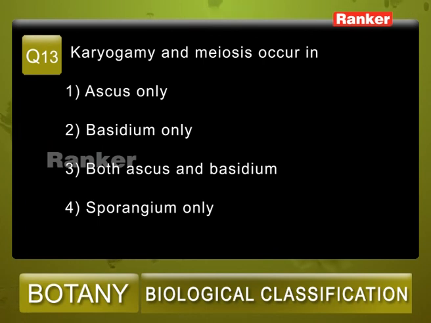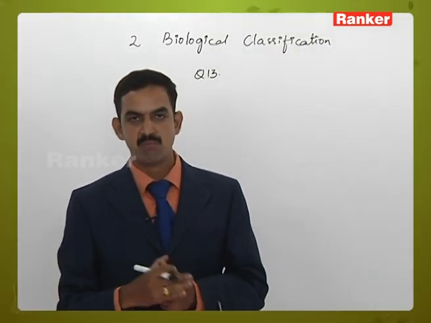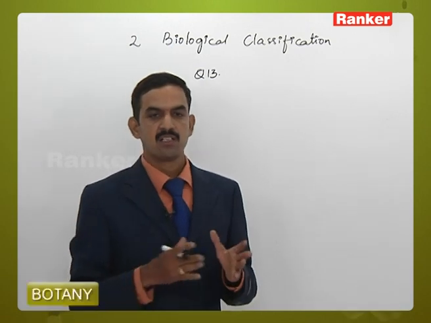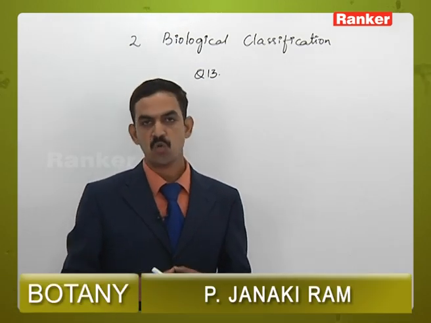Question number 13, karyogamy and meiosis occur in: 1. Ascus only, 2. Basidia only, 3. Both ascus and basidium, 4. Sporangium only. Here karyogamy and meiosis are related to the nuclei.